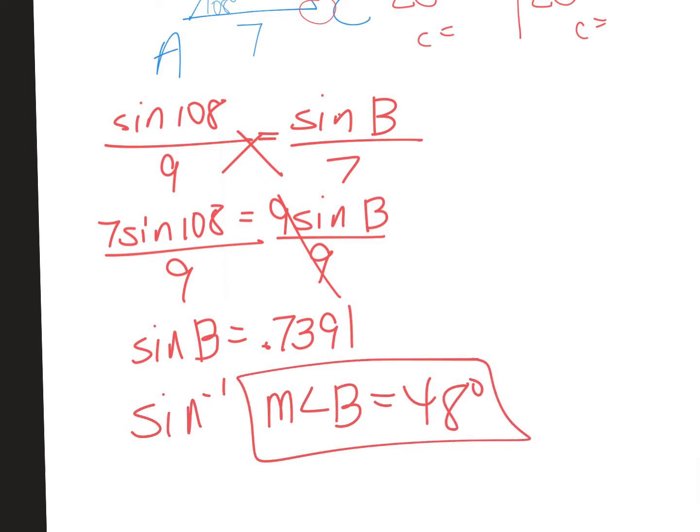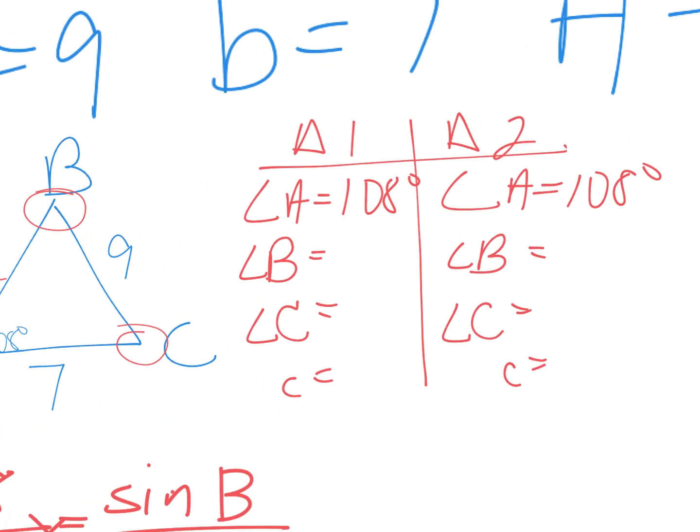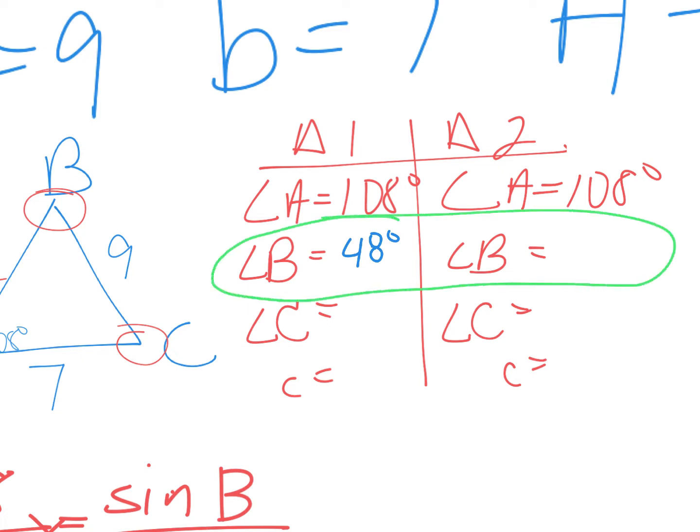That's what you guys came up with? So I come up here and I say, okay, I find out that B is 48 degrees. Now at this point, this is where you should see, let me see if there's a second triangle. We take the angle that we found and we find the what? Supplement, good. 180 minus 48. What does 180 minus 48 give you?